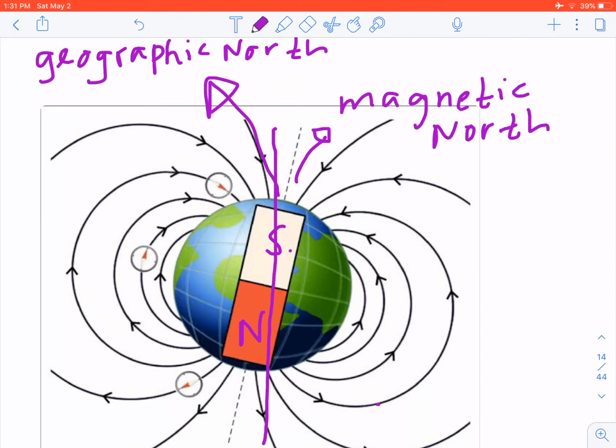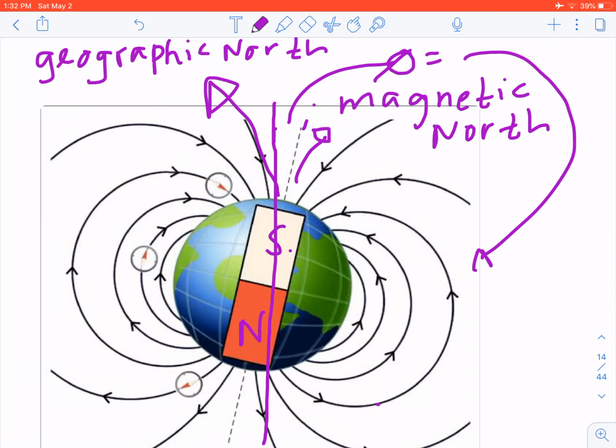And then the angle between the geographic north and the magnetic north, whatever that angle is, let's say angle theta, gives us the angle of declination.